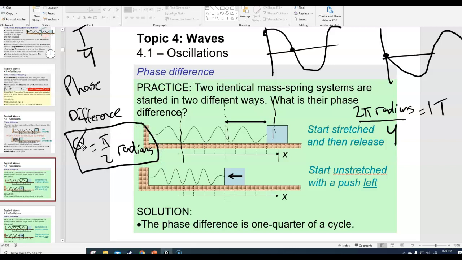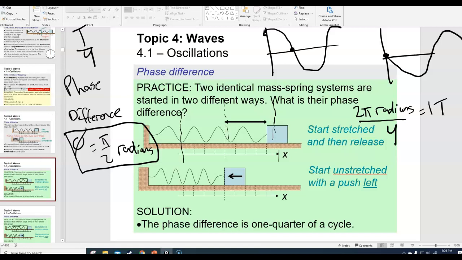Hopefully they tell you in the question how they want the phase difference written. Sometimes it's in radians, sometimes it's in degrees, sometimes they'll take both. Sometimes it's in terms of the period, like you could just write T over 4. It just depends on how the question is written.